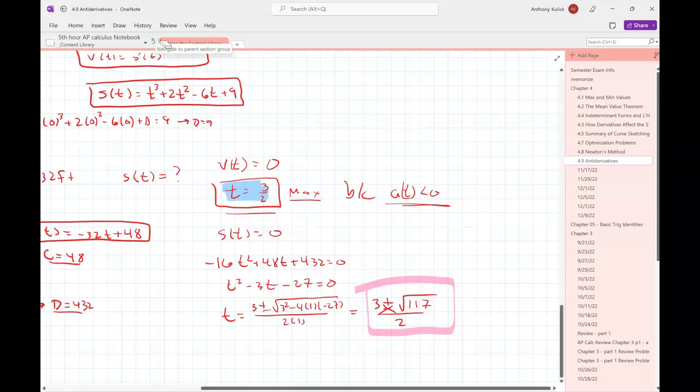But I know the second derivative is negative everywhere. So it's certainly negative there, that's why it's telling me it's a max. And v of 0 is 48. Yes. That's exactly right.